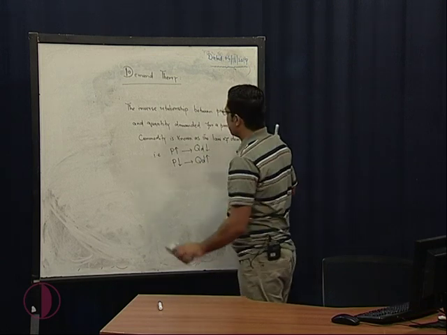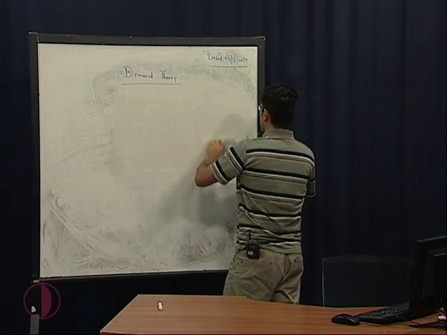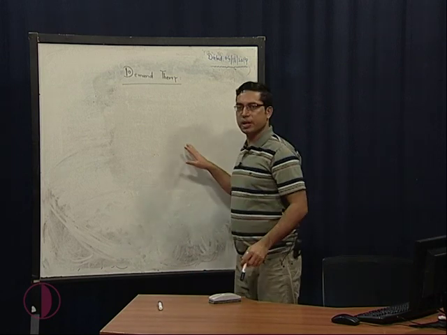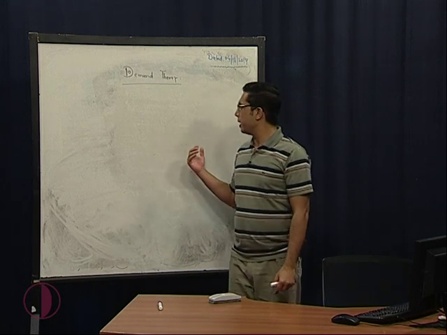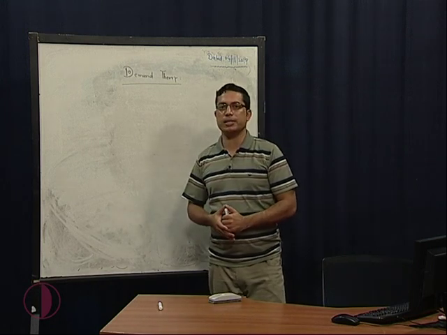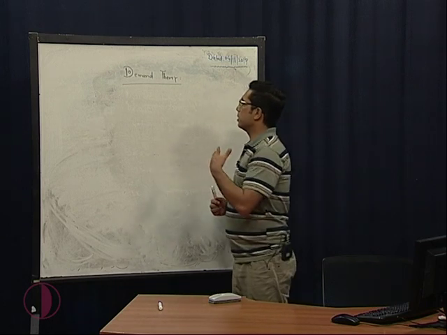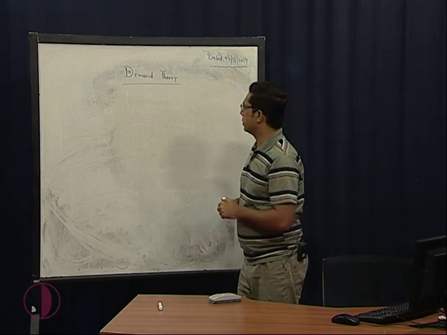We can represent the law of demand by a downward sloping curve. As we have seen here, the relationship between the price of a commodity and quantity demanded is negative, is inverse. It means that the demand curve will be sloping downward.